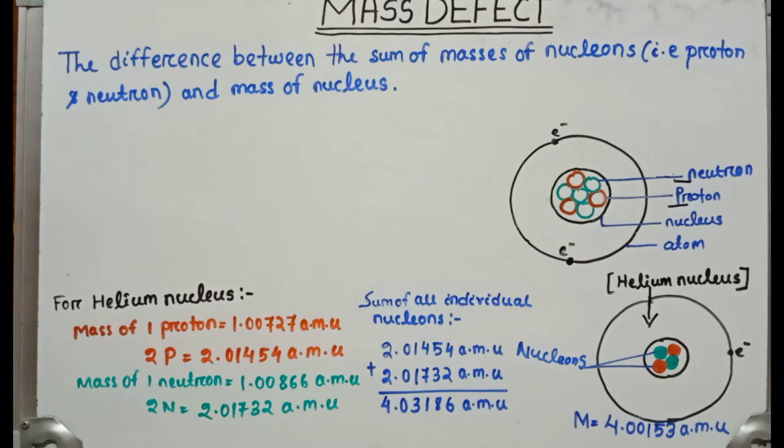Before going to the topic, you should first watch the previous video of this topic. In that previous video, we discussed what is the nucleus, the composition of the nucleus, size of the nucleus, volume of the nucleus, density of the nucleus, and what is the atomic mass unit, and how we relate the atomic mass unit to mega electron volt.